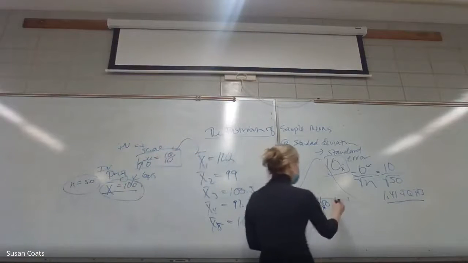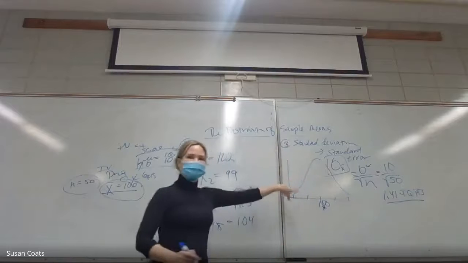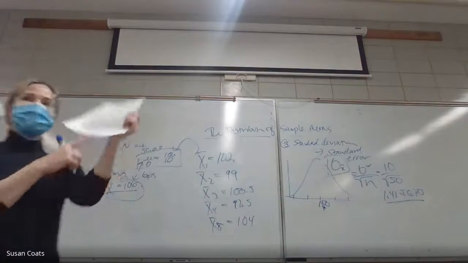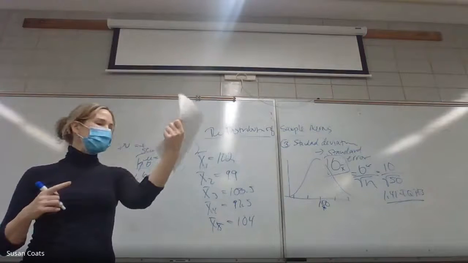We can flesh this out a little bit now too. So this is the distribution of sample means that I have written on page 1. So you can see those numbers are along the baseline now.